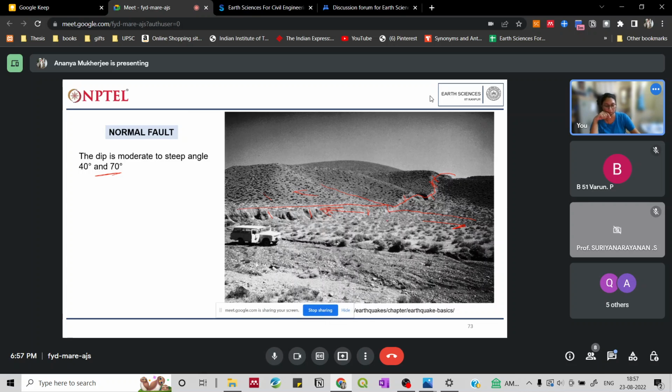So a simplistic diagram would be this. This block has gone on top or not even moved properly probably, and this one has gone down. So this is the hanging wall of the fault and this is the foot wall of the fault.